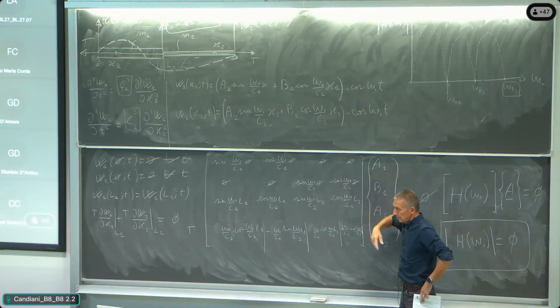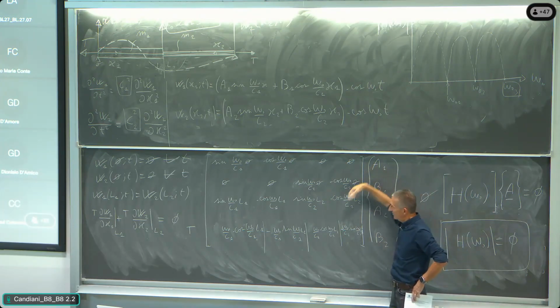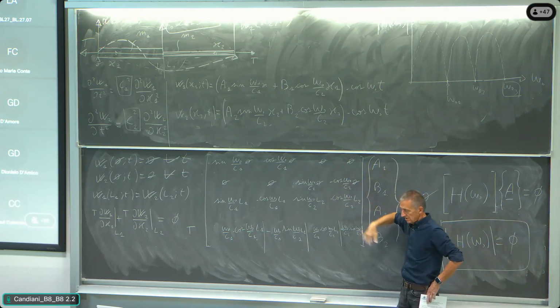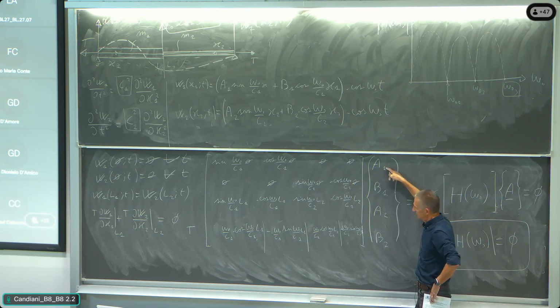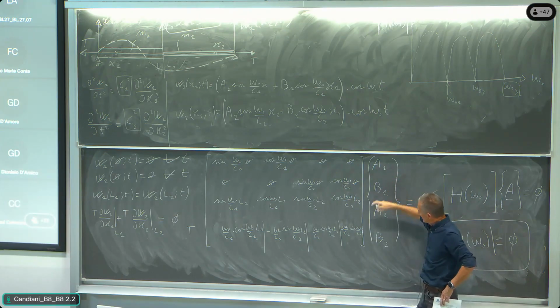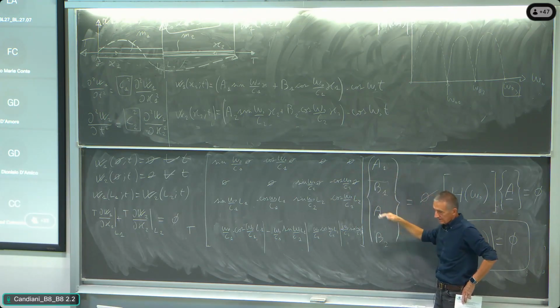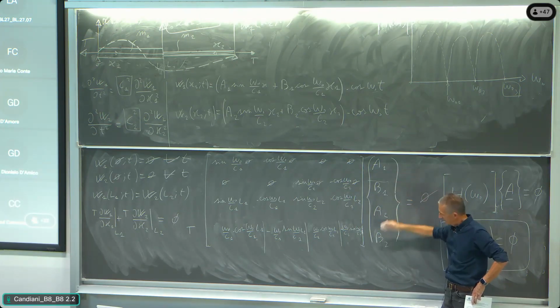We know that in this condition, one of those equations is linearly dependent on the others. So we give the value 1 to the first of those coefficients, and we solve the linear problem associated to the others, which will now be the ratio of the second with the first, the third with the first, the fourth with the first.